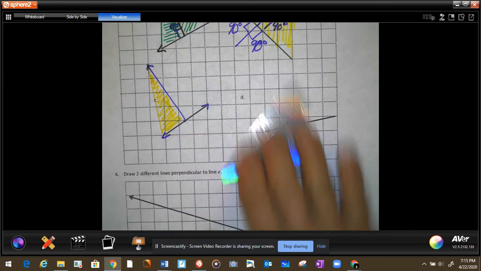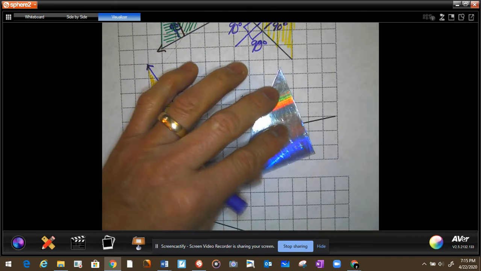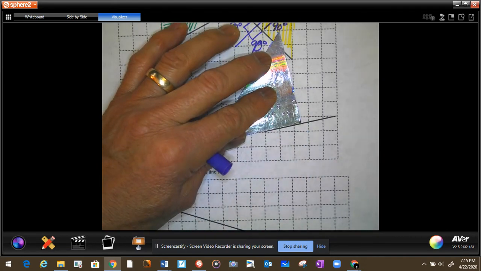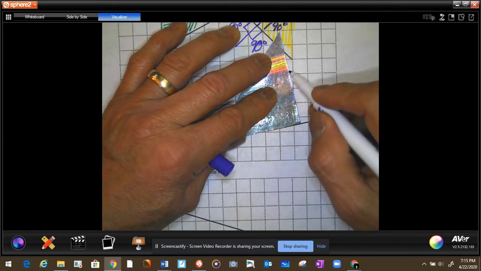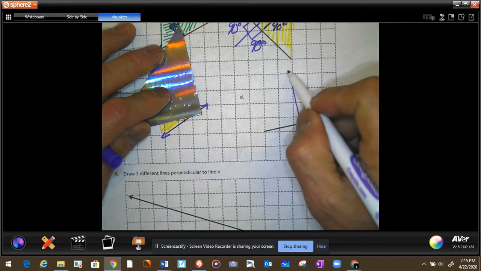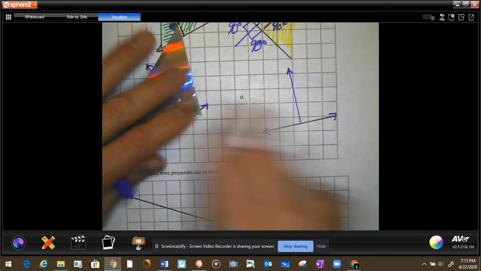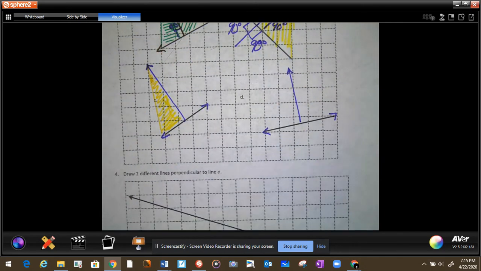It must have a right angle. One more here, and there it is. So now we created four sets of perpendicular lines by using a right triangle tool.